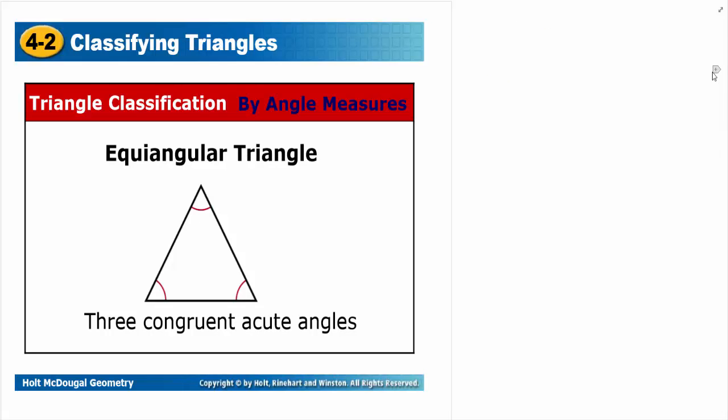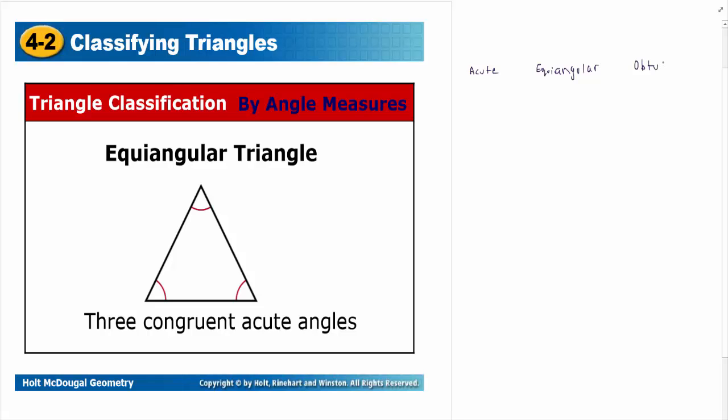An equiangular triangle, these are all classifications by angles. You may want to put these in a chart here. So you have your acute, your equiangular, and obtuse.